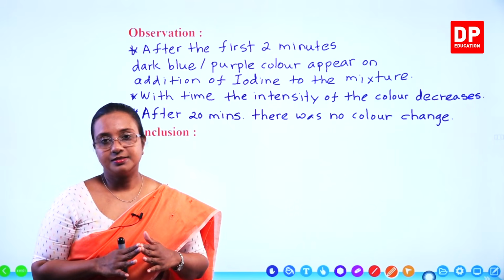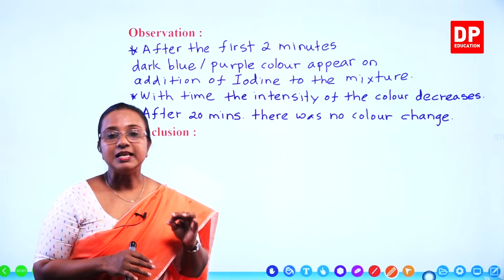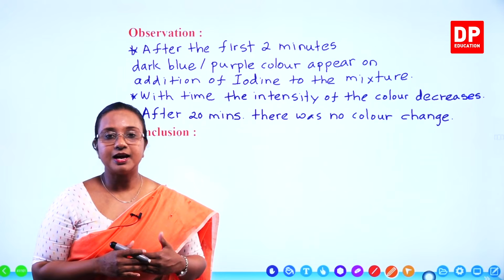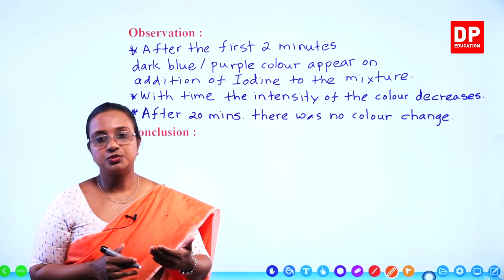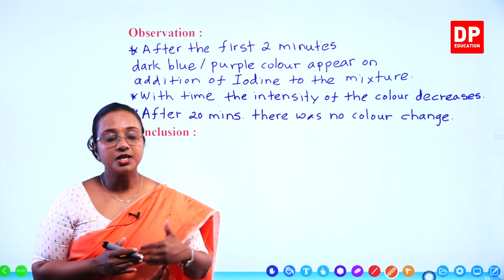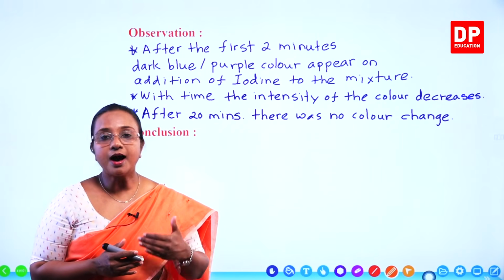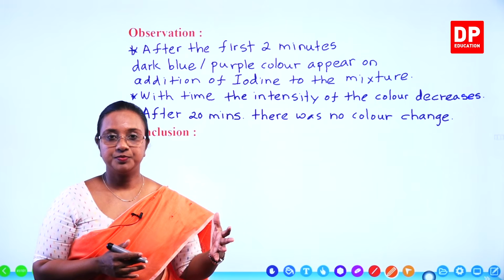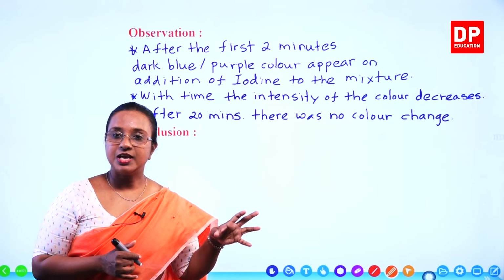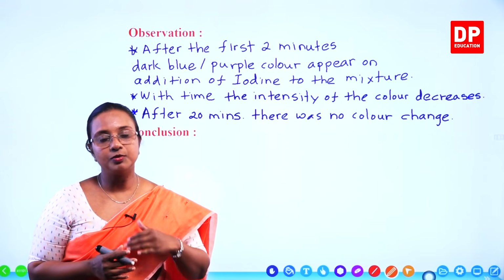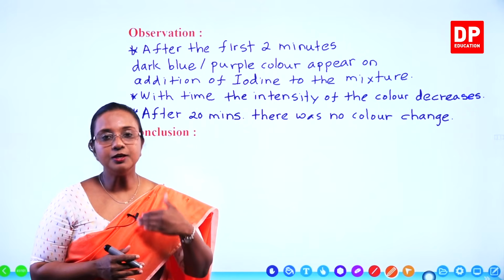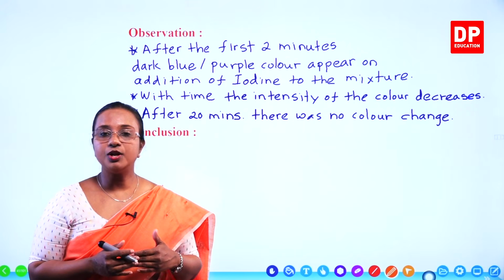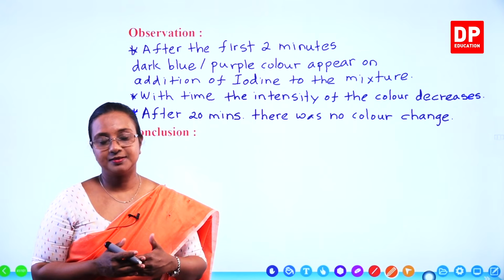The reason is amylase acted on starch and it hydrolyzed the starch to maltose. And maltose does not give a dark blue or purple color with iodine. So the starch that was there initially gave the dark blue color or purple color with iodine, and gradually it was being converted to maltose by amylase.